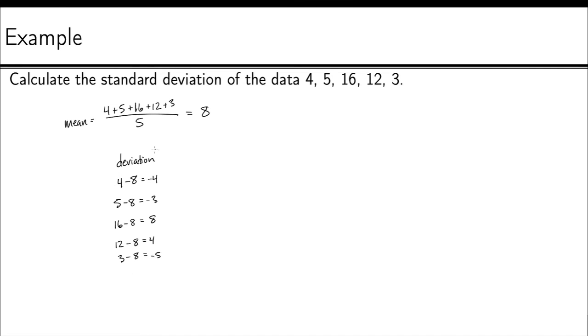Then we square each deviation, in a separate column. Negative 4 squared is 16, and negative 3 squared is 9.